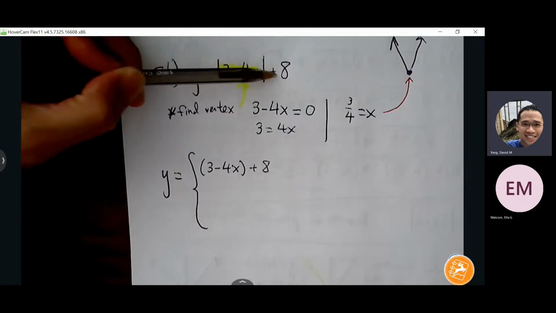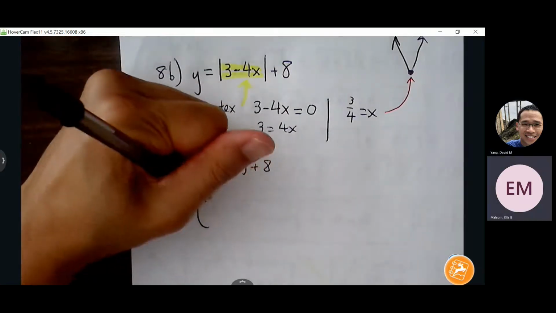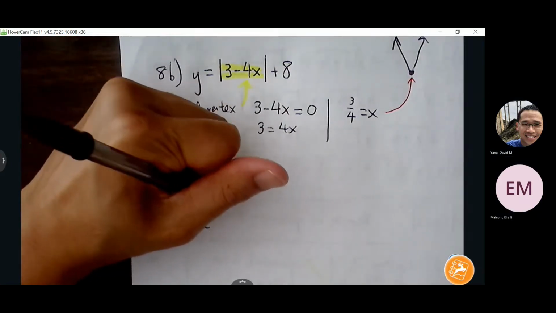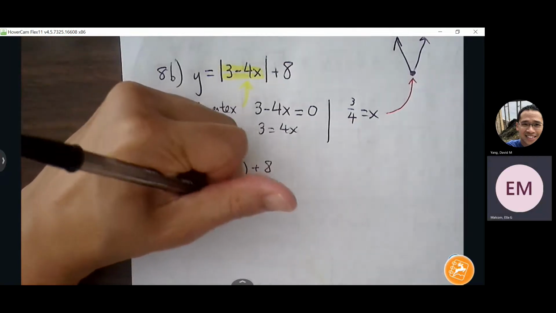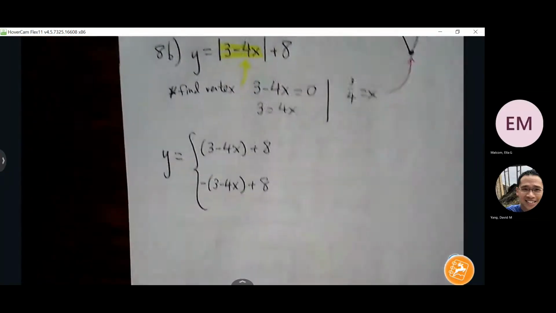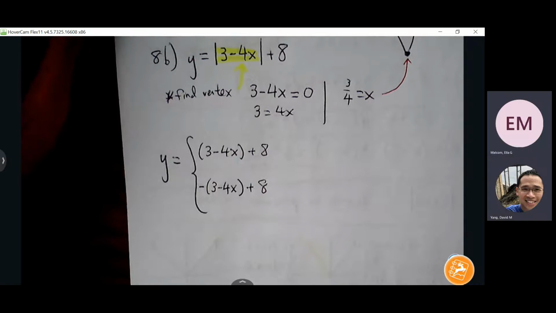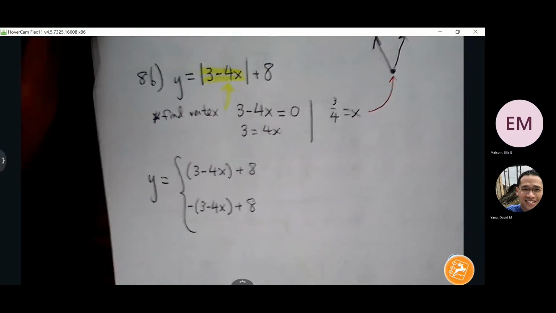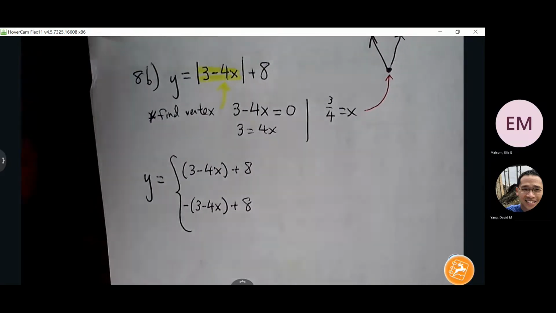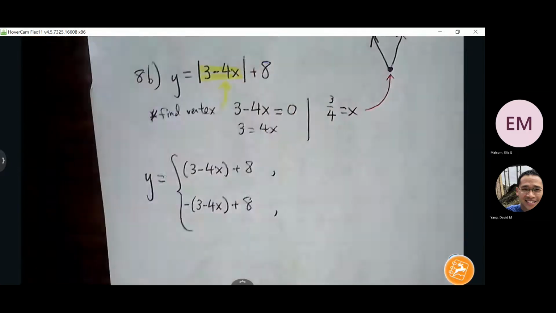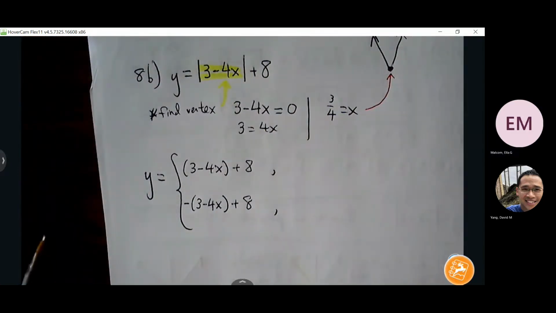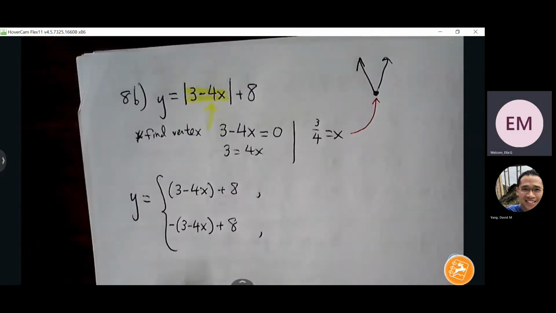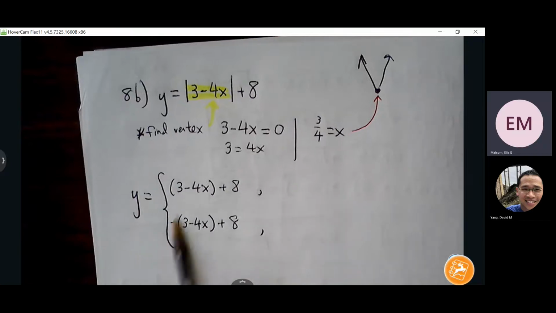Okay, the negative is not going to impact the 8. Okay. So it should be for the top one, x is to the right of 3/4.